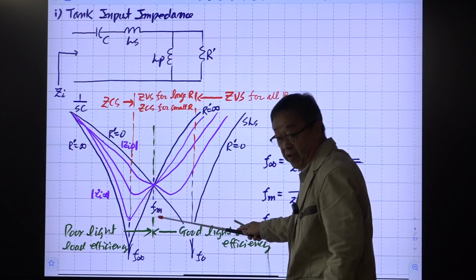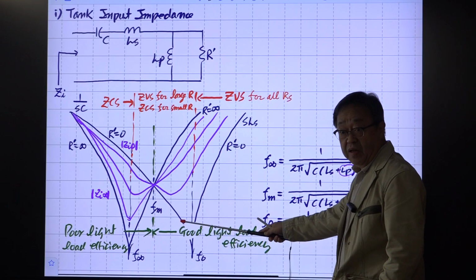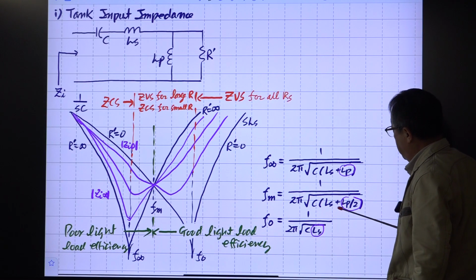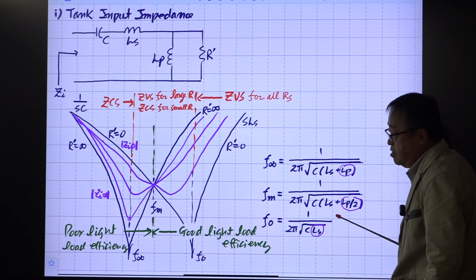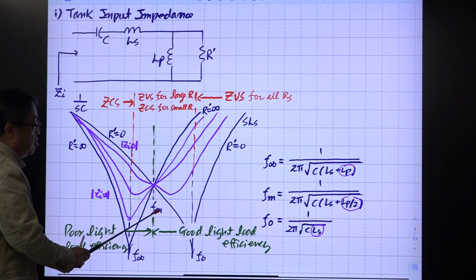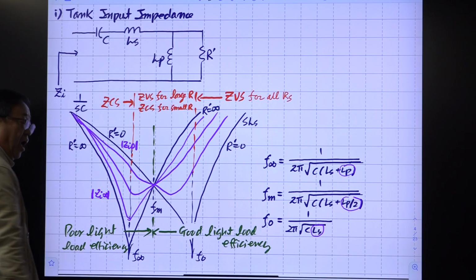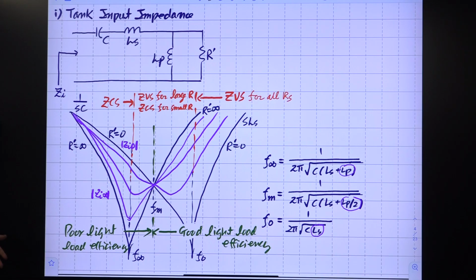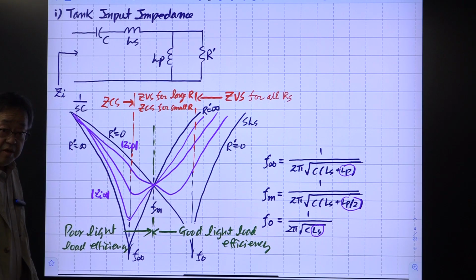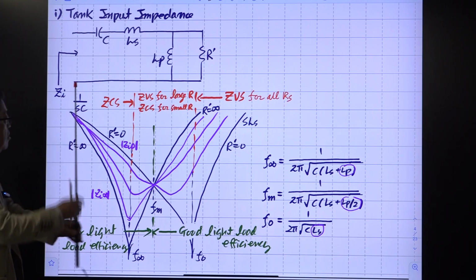That frequency is FM. This frequency is very important. And we also derived the expression of that frequency as given by this. Right? So this one comes first, and this one comes in the middle, and F0 comes last, obviously, because of the difference in the inductance values in the equation. All right? So you know this.